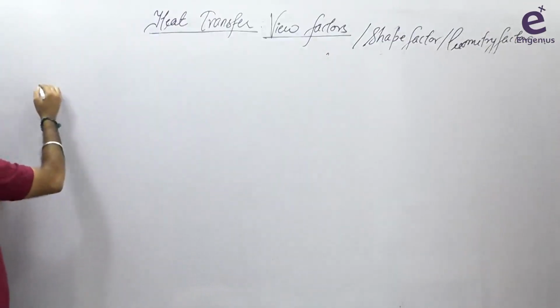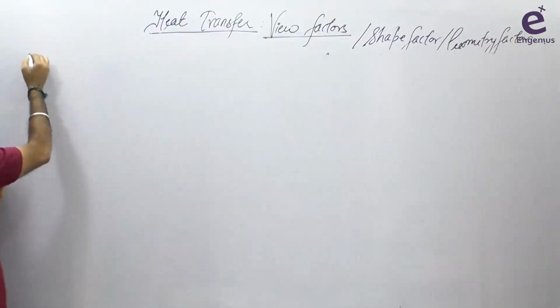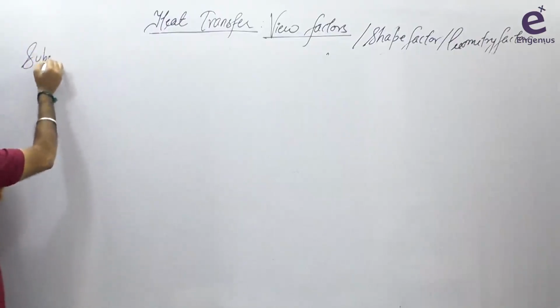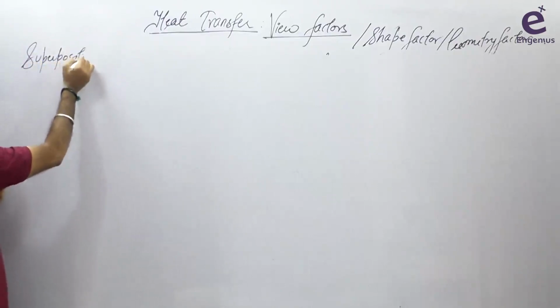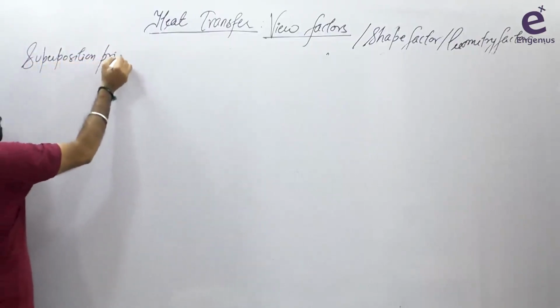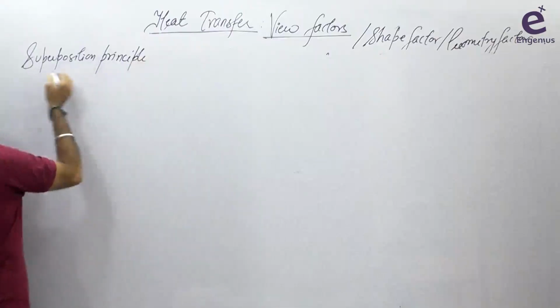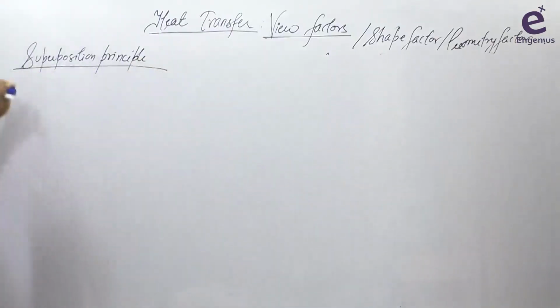Suppose that we have, okay, you can write this one. This is called superposition principle. Superposition principle. ठीक है? Okay.